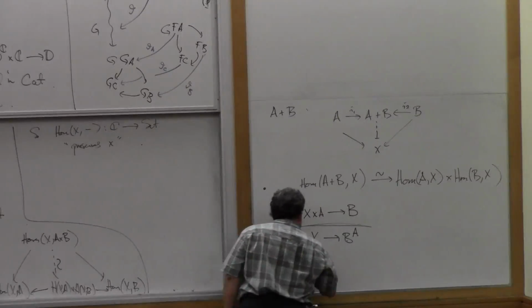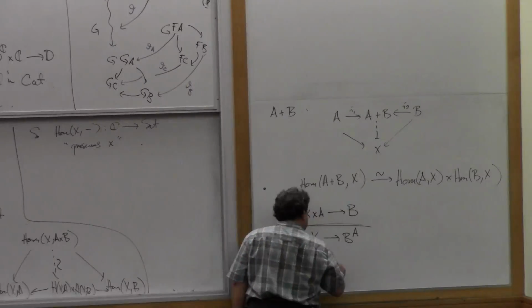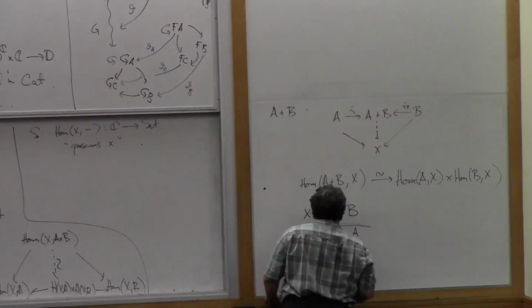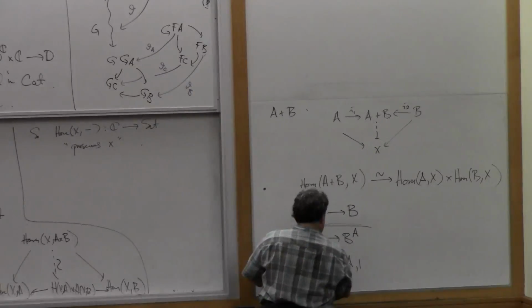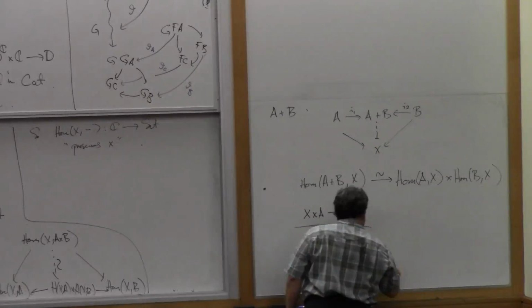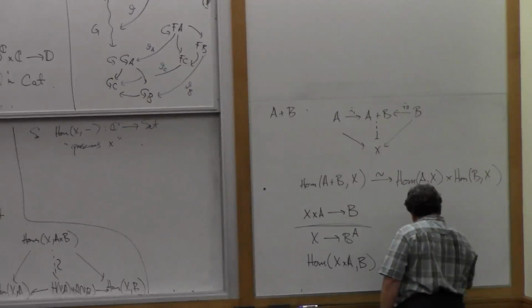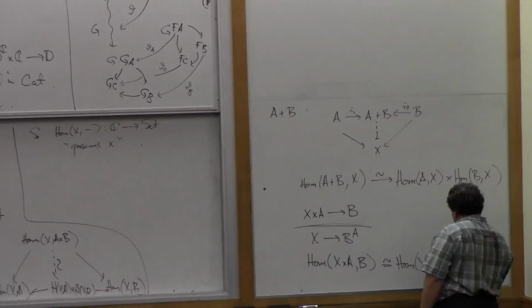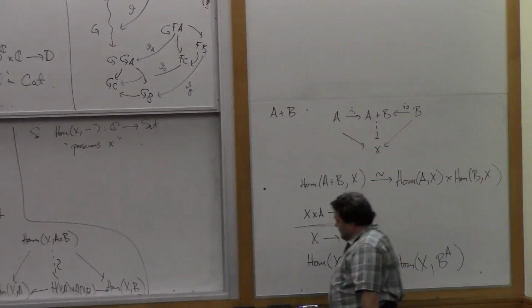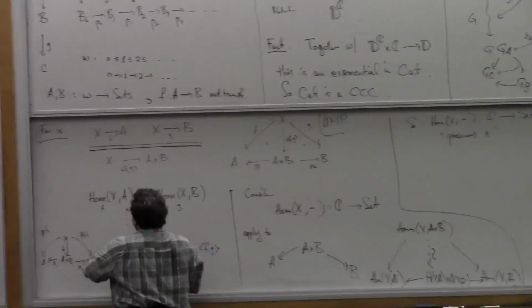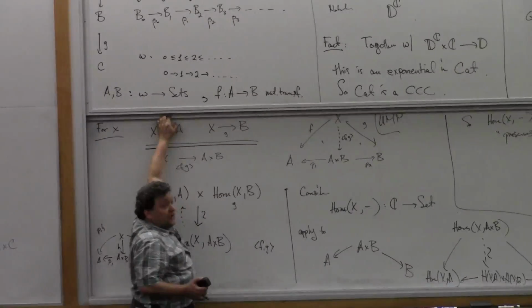That's saying exactly that Hom(X × A, B) is isomorphic to Hom(X, B^A). Now I've expressed all of those universal mapping properties in terms of isomorphisms of certain hom sets.